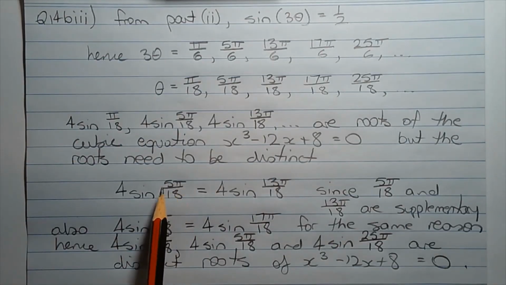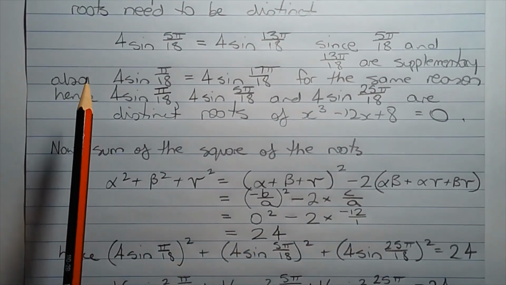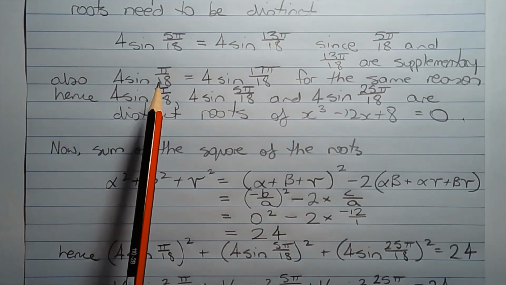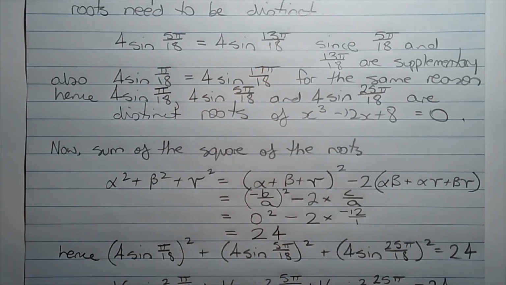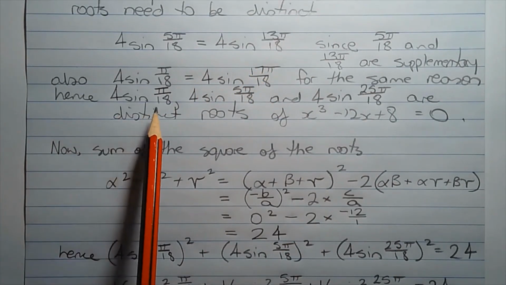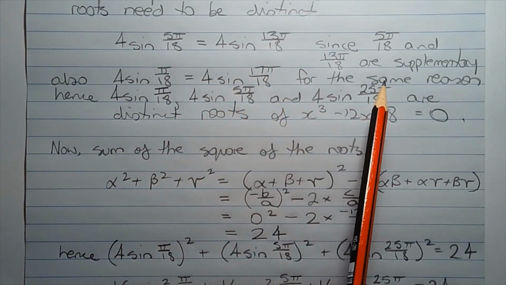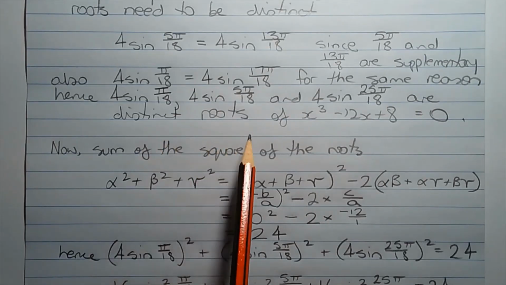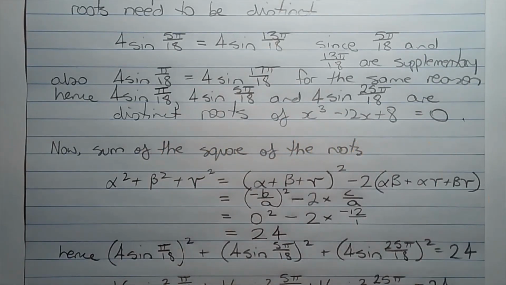This is a quadrant 1 angle, this is a quadrant 2 angle. Also, 4 sine pi over 18 is equal to 4 sine 17 pi over 18 for the same reason. Hence, 4 sine pi over 18, 4 sine 5 pi over 18, and 4 sine 25 pi over 18 are distinct roots of the equation x cubed minus 12x plus 8 equals 0.